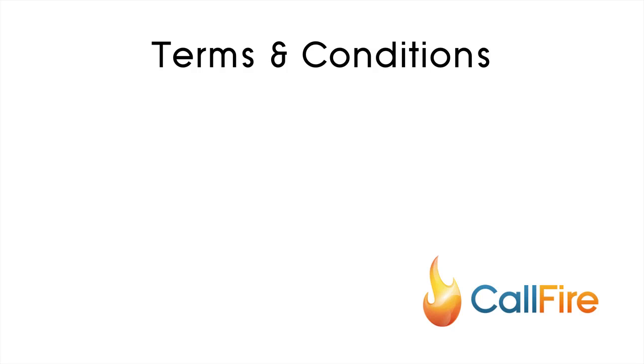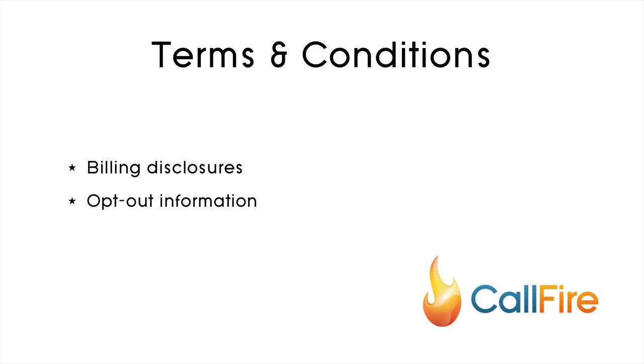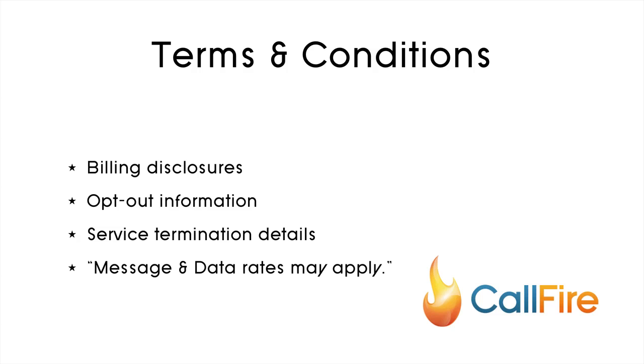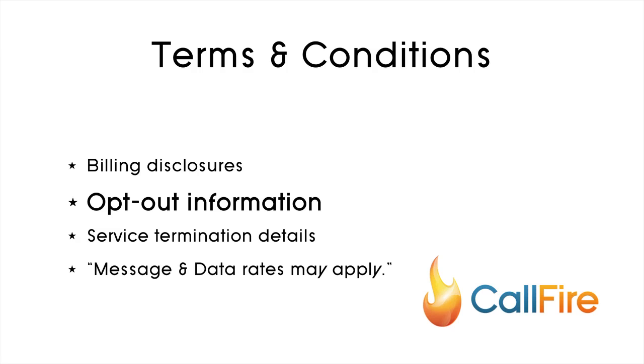Your terms and conditions should include any necessary billing disclosures, any opt-out information, service termination details, and the phrase "message and data rates may apply." It's also recommended that opt-out information be written in bold.